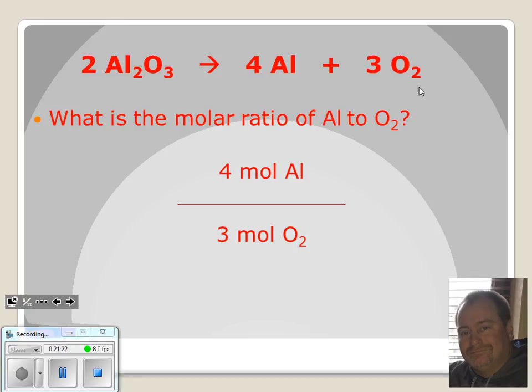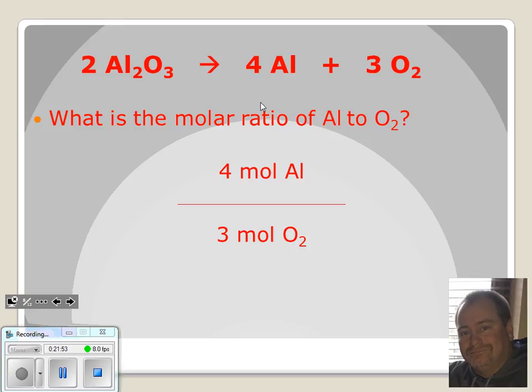So if I would have 4 moles of aluminum oxide, how much aluminum should it produce? 8 moles of aluminum, and how much oxygen should it produce? 6 moles of oxygen, because we're just looking at the balanced equation.